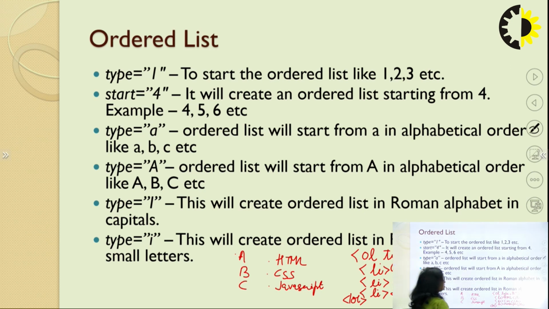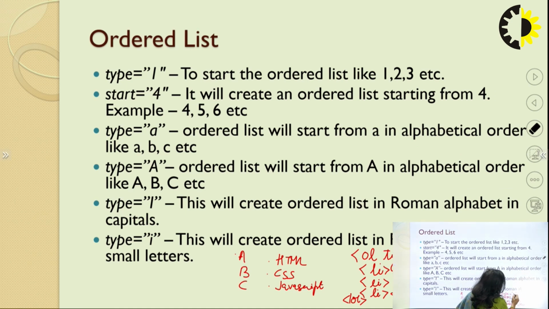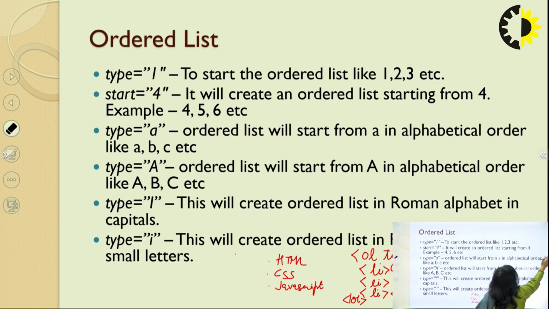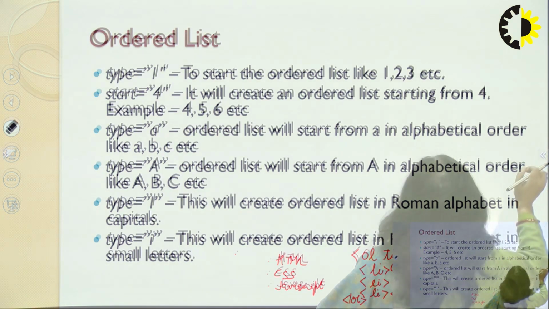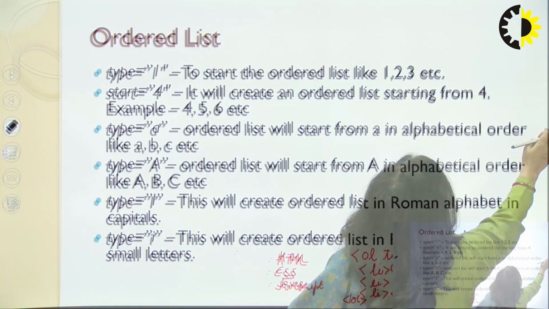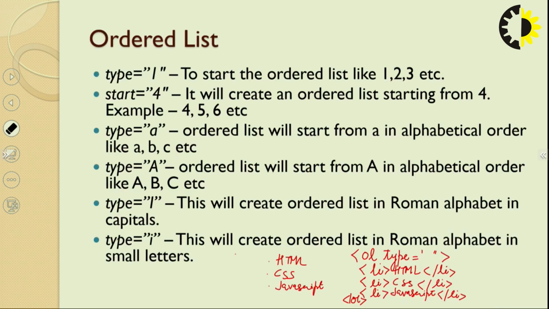So, if we just change here, if we write here just capital I, it will represent all these elements in Roman numerals 1, 2, 3, 4.